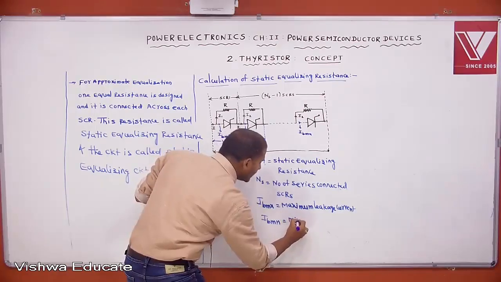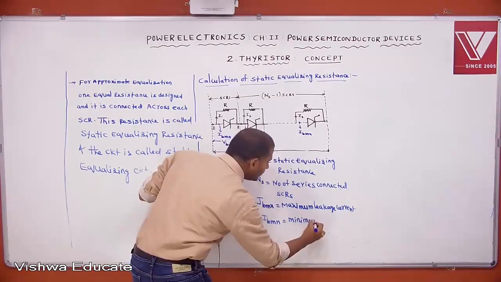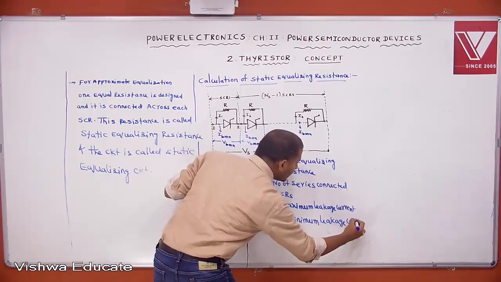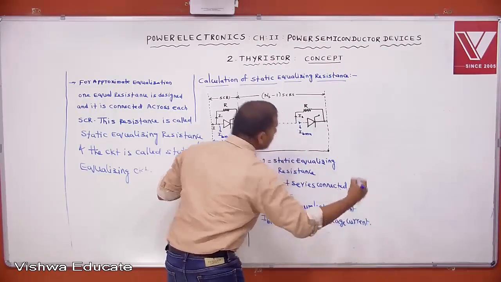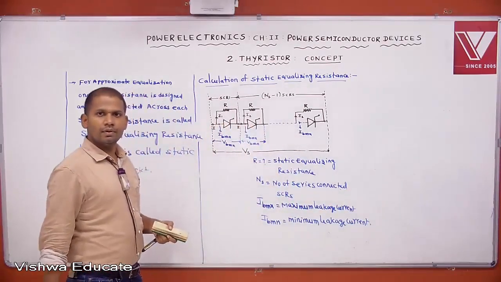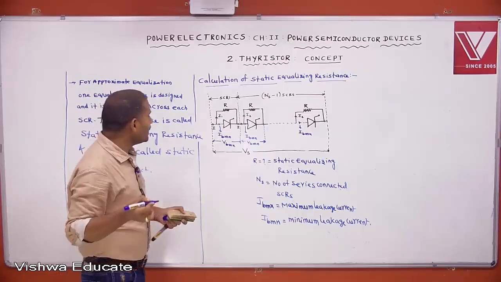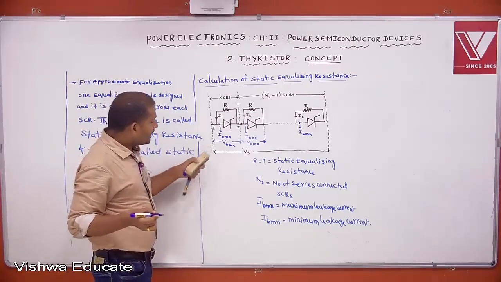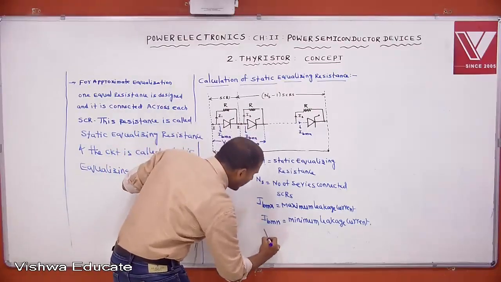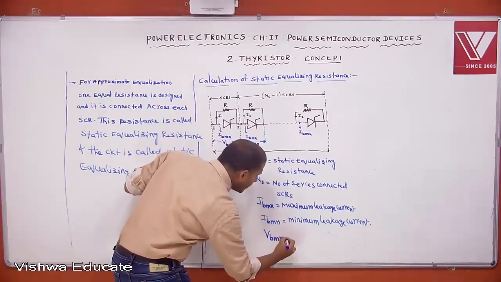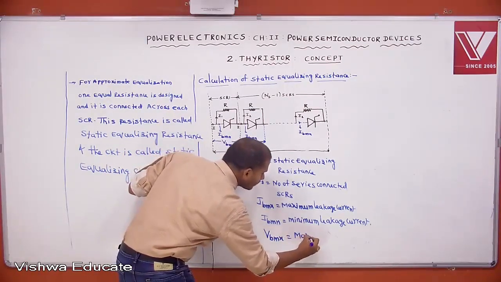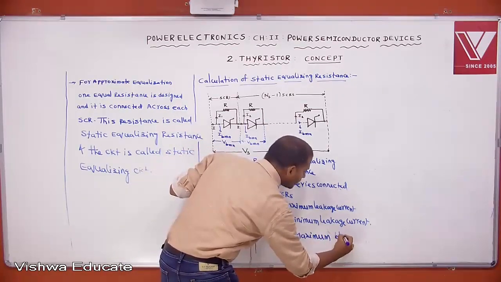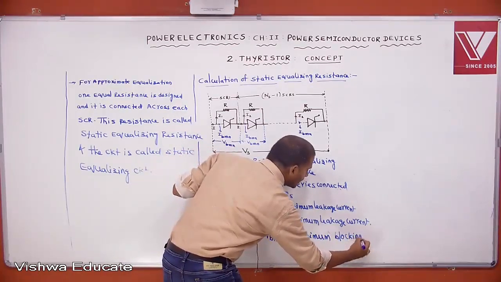IBMN is the minimum leakage current. Then what is VBMX? Maximum blocking voltage.